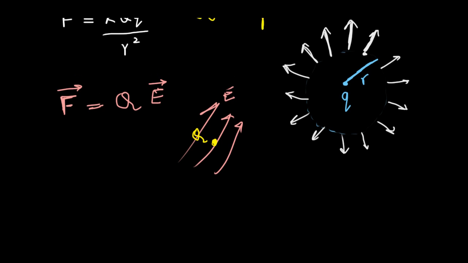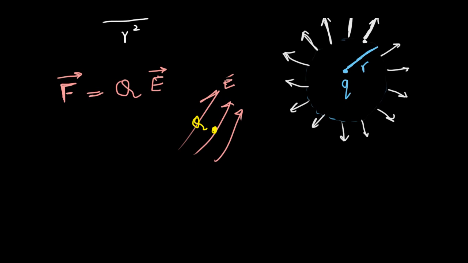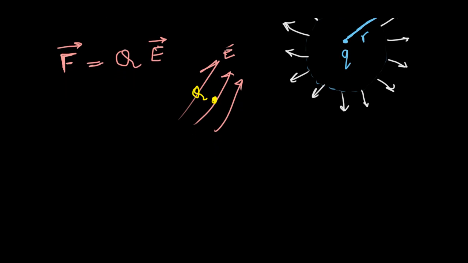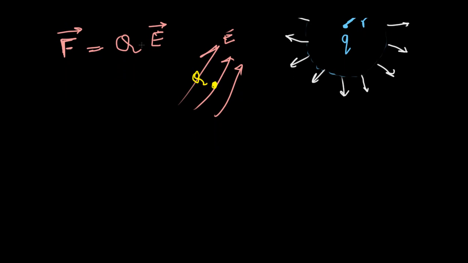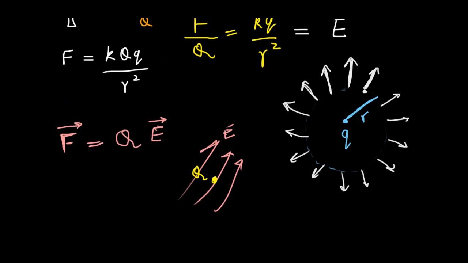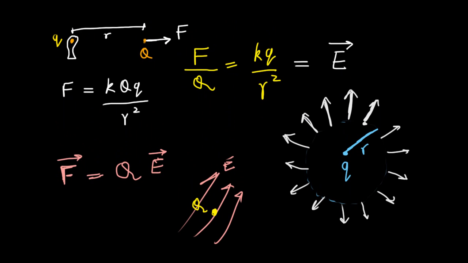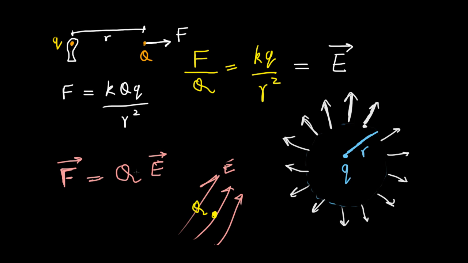It's very nice to express some terms this way. Okay, so that's all about electric fields. This was a concept introduced just to simplify things a bit. It is nothing more than a rearrangement of Coulomb's law.